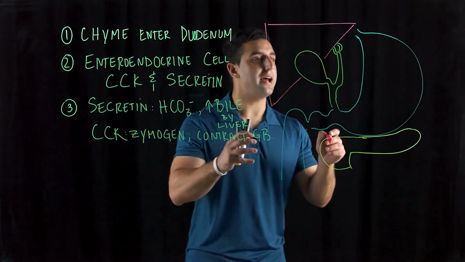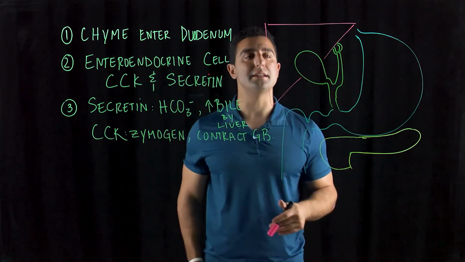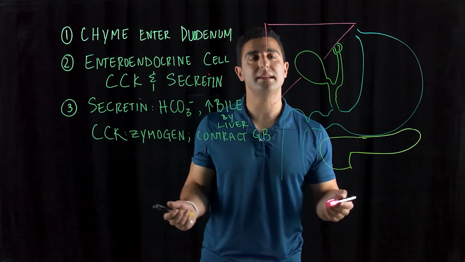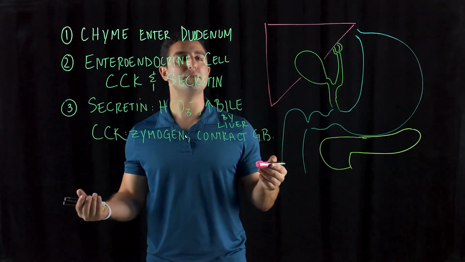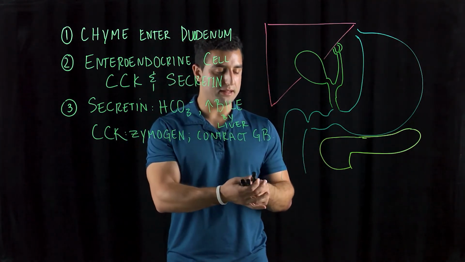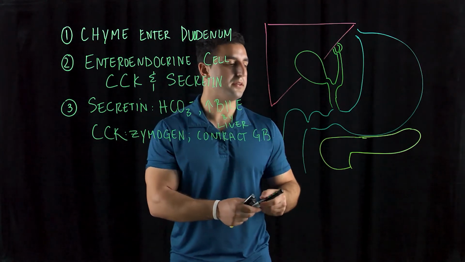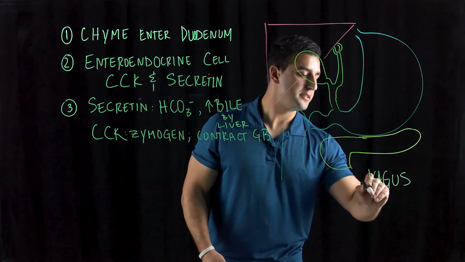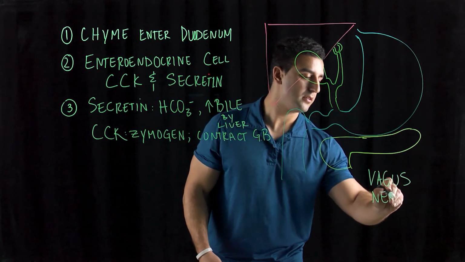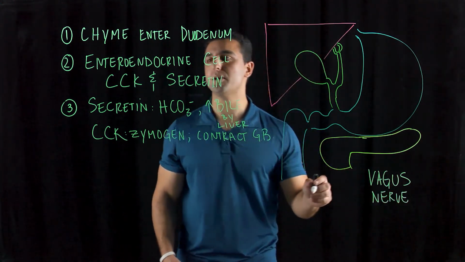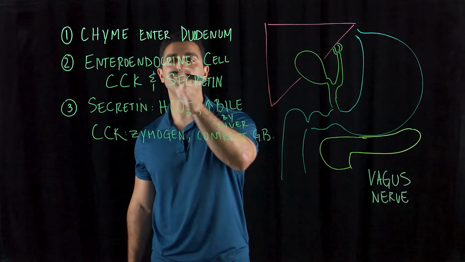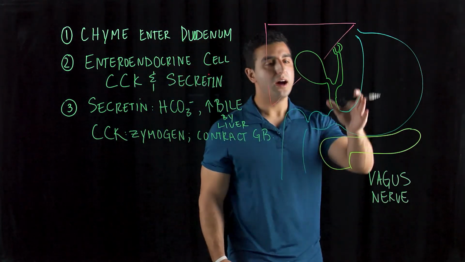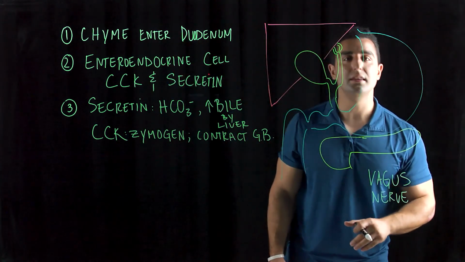These hormones actually are never really released. And so during the cephalic and the gastric phase, what nerve is usually active during that time? What specific nerve? Do you remember? It's called the vagus nerve. So the vagus nerve plays sort of an inhibitory response on the secretion of CCK and secretin until the chyme actually enters the duodenum.